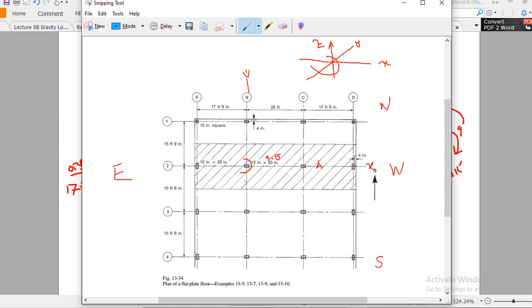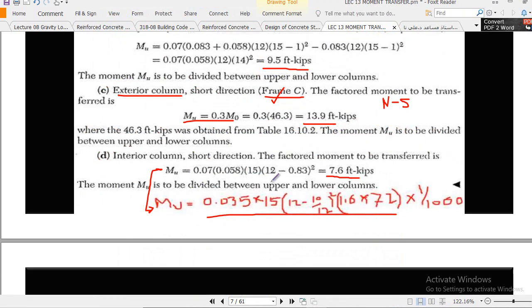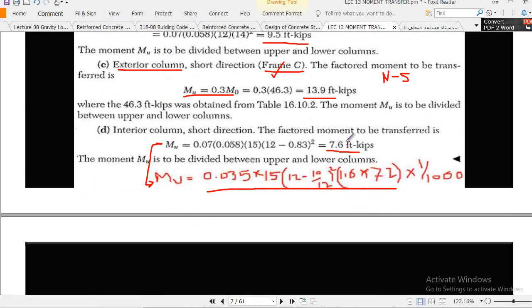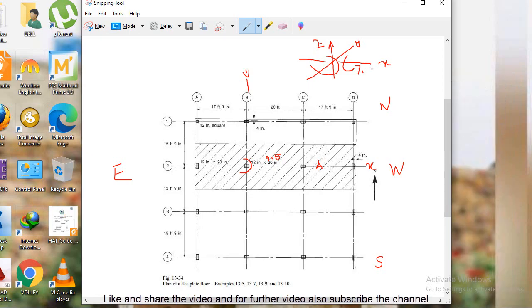Now the next moment, in this direction, will be about the x axis, because we are now running the analysis in the y direction, the north-south direction. That moment, which we got here for the interior column, is 7.6.